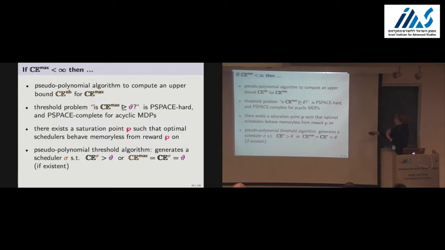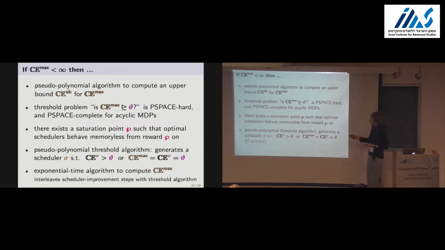In case the answer to this question is yes, then this threshold algorithm generates a scheduler satisfying either that under this scheduler the conditional expectation is exactly theta, in which case this is already an optimal scheduler, or that the conditional expectation under the constructed scheduler is strictly larger than theta, if existent. So if the answer is no, then the algorithm returns no.